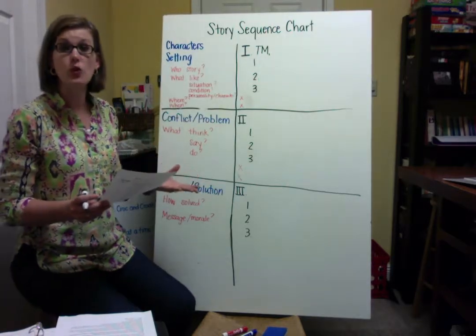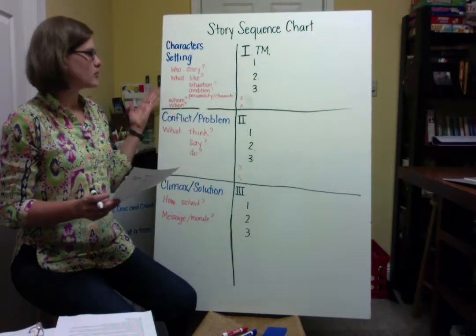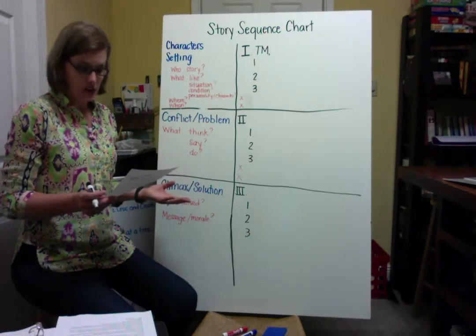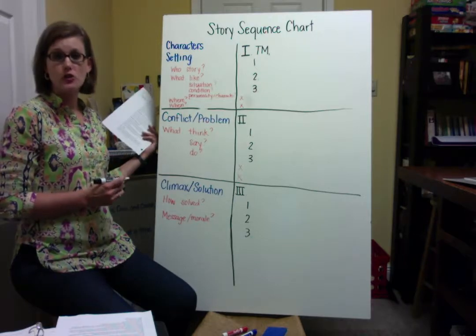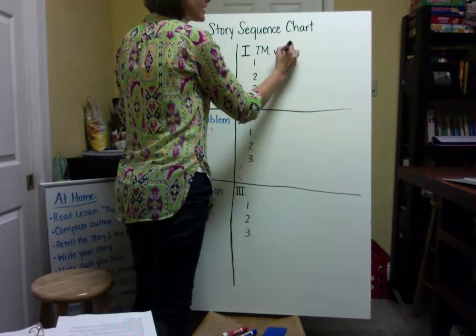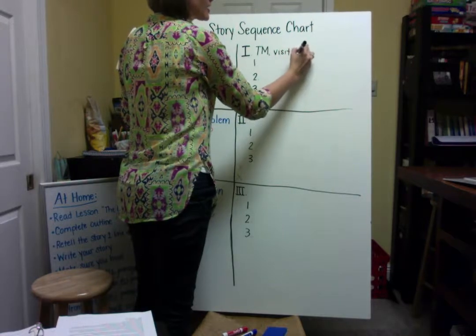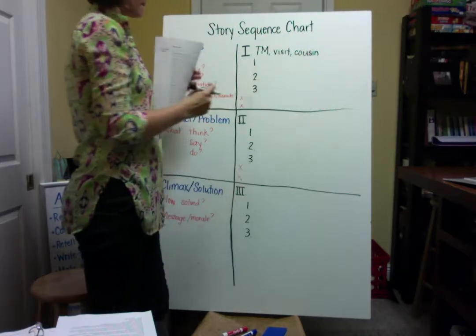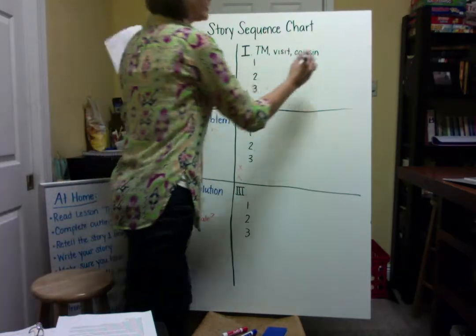Or what was the situation? Why was the town mouse at the country mouse's house? So the town mouse was there because he had visited. He was there to visit his cousin in the country.